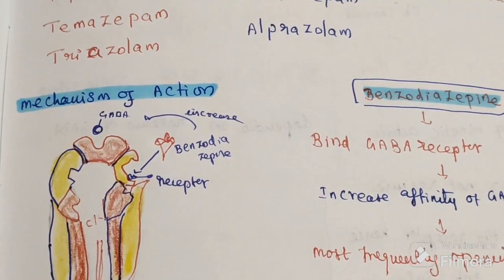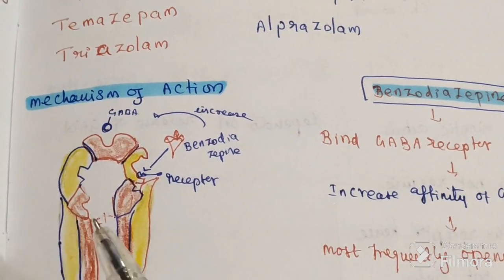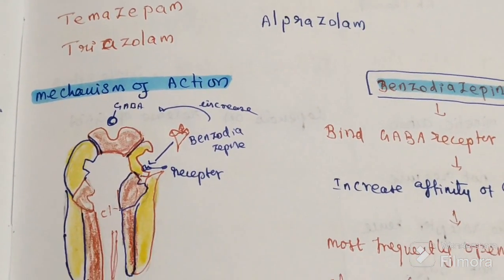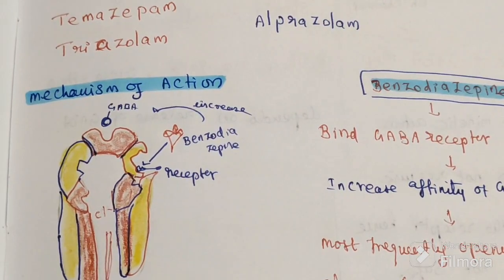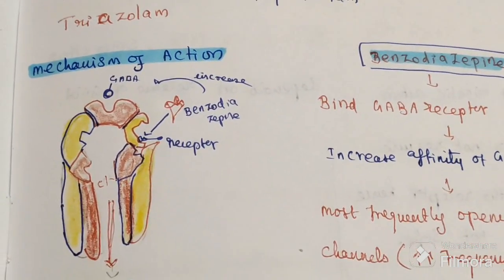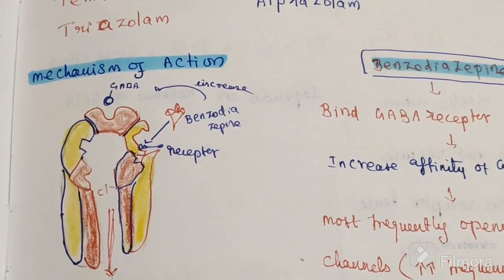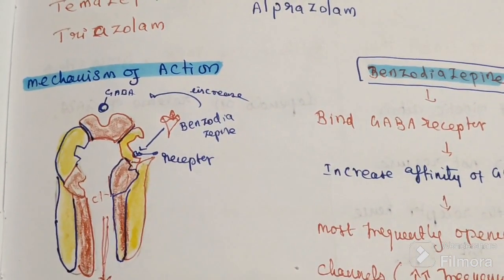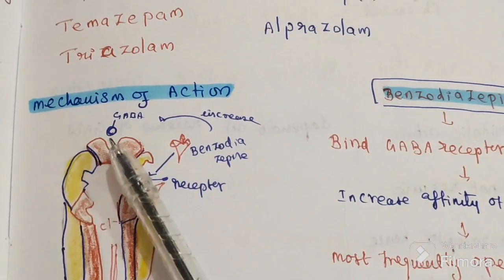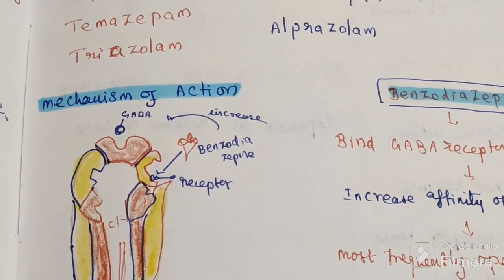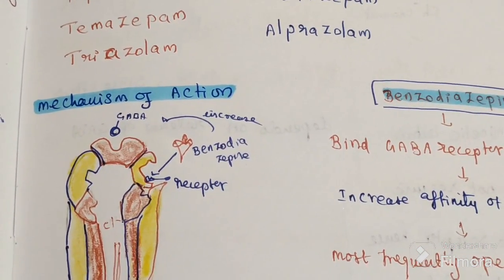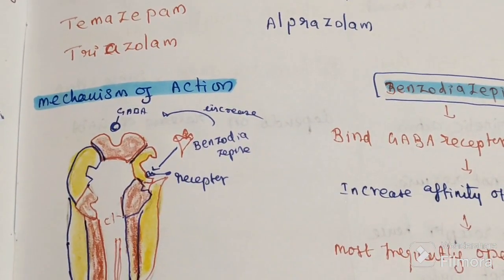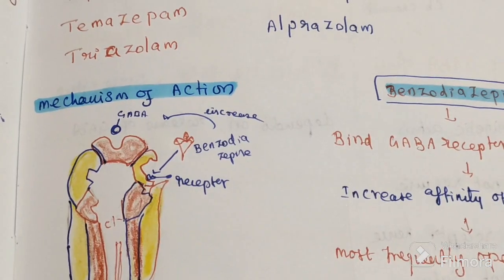It does not open the chloride channel. They just increase GABA's action. They also require GABA for further action, but in barbiturates, even without GABA they are involved in the mimetic action.